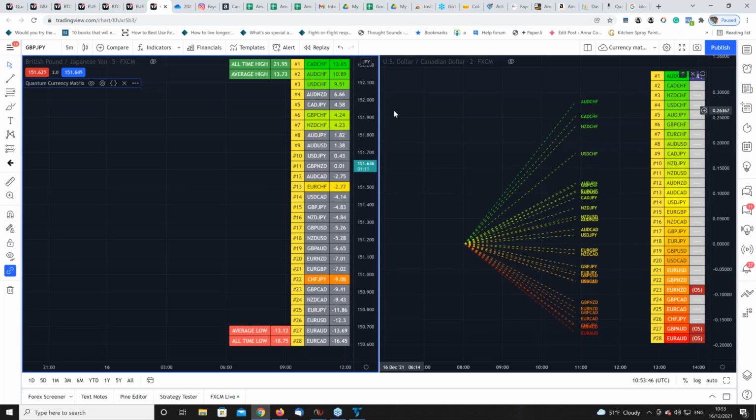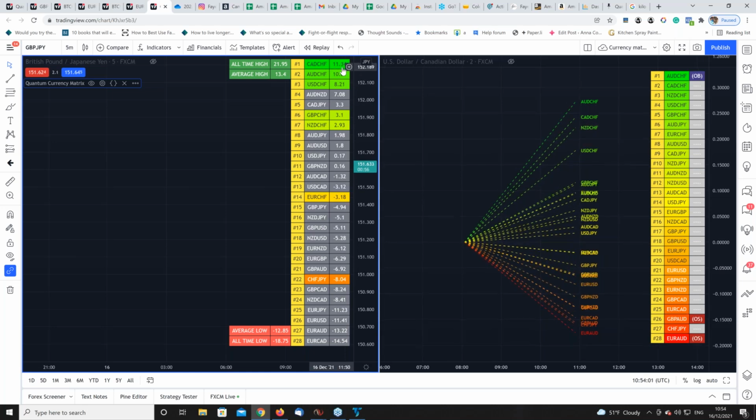Where they are significant is in terms of how far they are from the median, in other words, 0. So how far away are we? But more importantly, when we get up to these levels, what do they actually mean? Does 11.49 mean anything on its own? No. What it does mean, when you look alongside here, is we've got an all-time high and an average high.